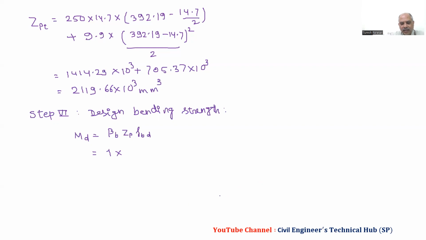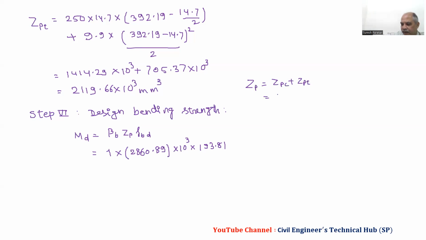Sorry, first we have ZP. So ZP we have the total value, that is 2860.89 into 10 raised to 3 into 193.81. Now ZP we have, ZPC plus ZPT.